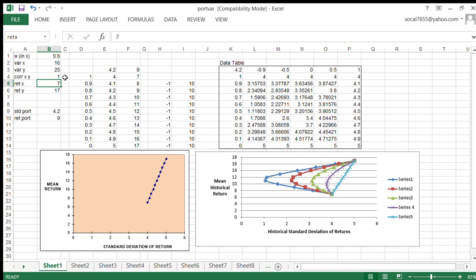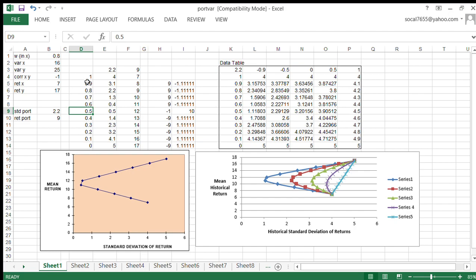Okay, now I'm going to change the correlation coefficient to its lowest possible value, -1, and we see this, but the only thing that's real are these dots. Excel is putting lines between the dots because I'm asking it to, but I'm going to go up here and change one of my assumptions as to the weight in X to something a little different, and that gives us a better picture of what's going on. And the point is, this curve will actually end up on the horizontal axis.